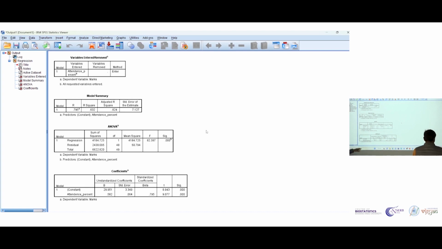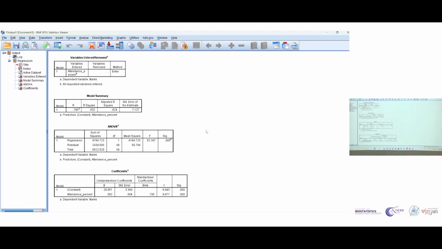So beta naught is equal to 29.95 and beta 1 is equal to 0.582. So you can write your regression model: marks is equal to 29.95 plus 0.058 x1, x.